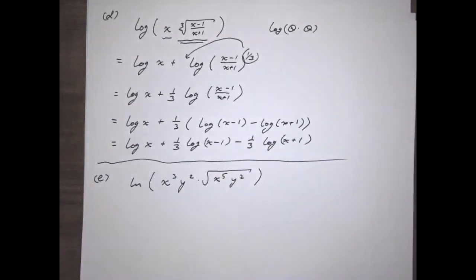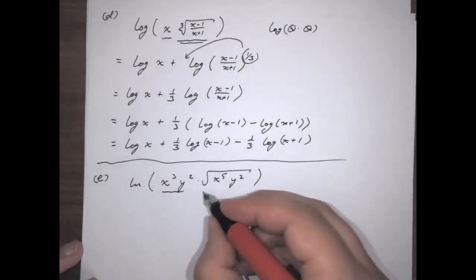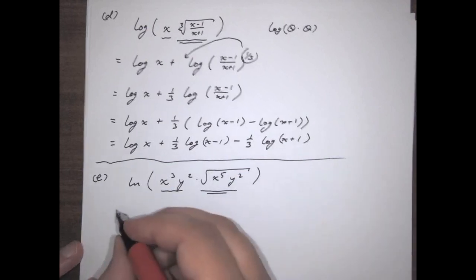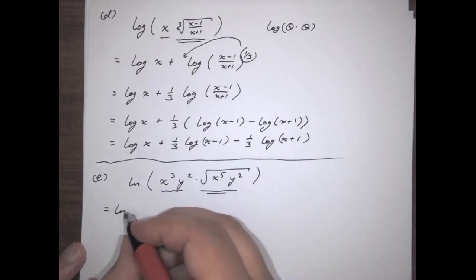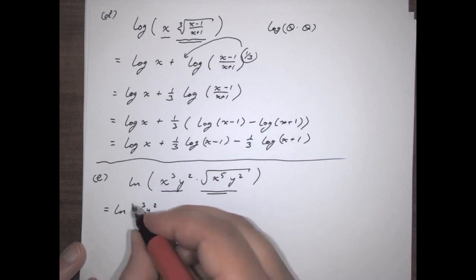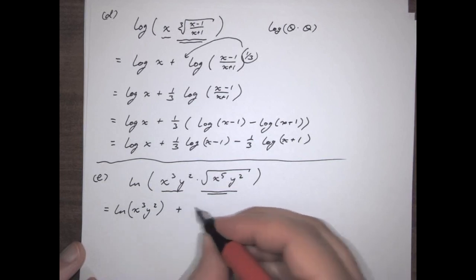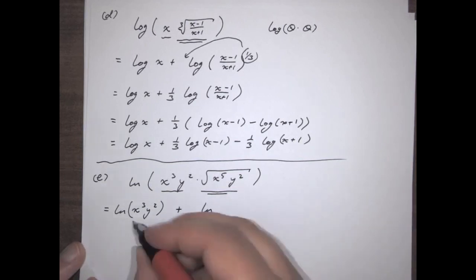Now, first and foremost, we can think of this as being just a logarithm of a product. So this will be the first one, and this will be the second one.